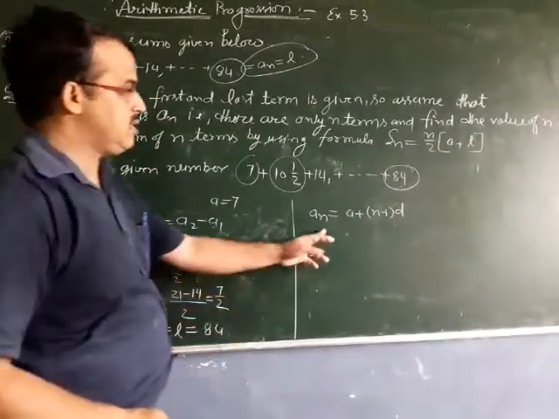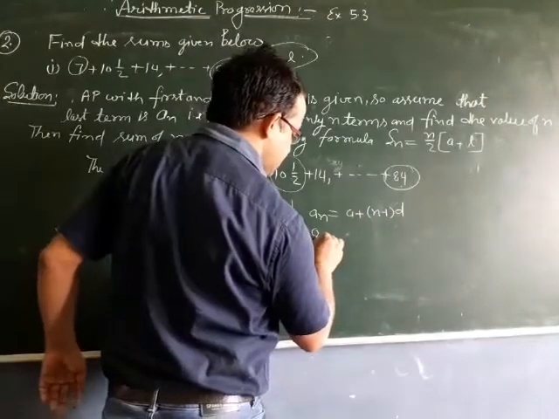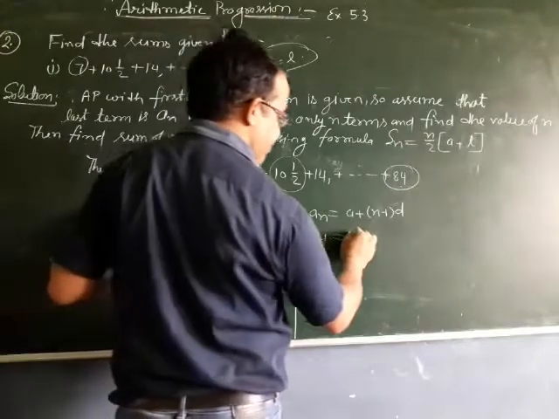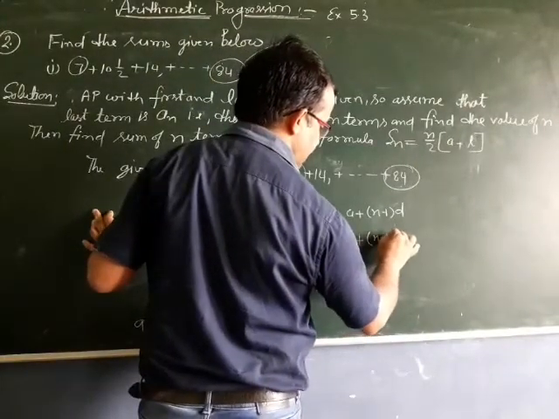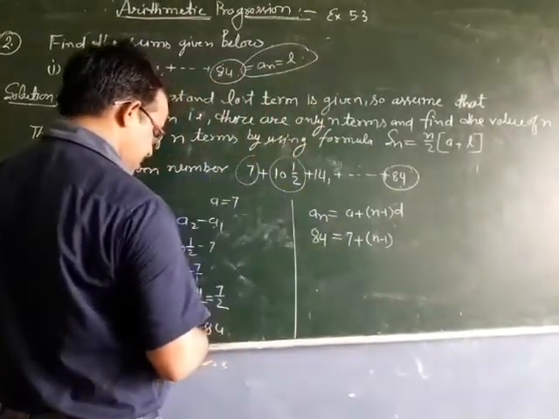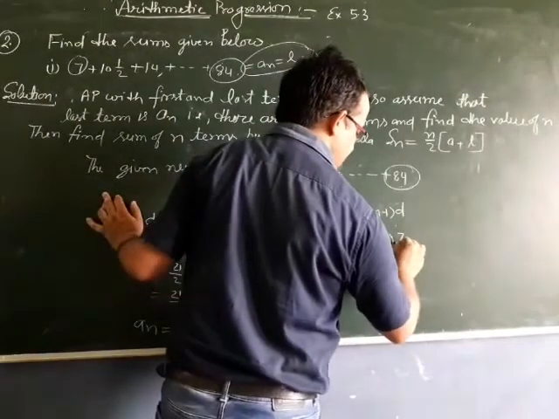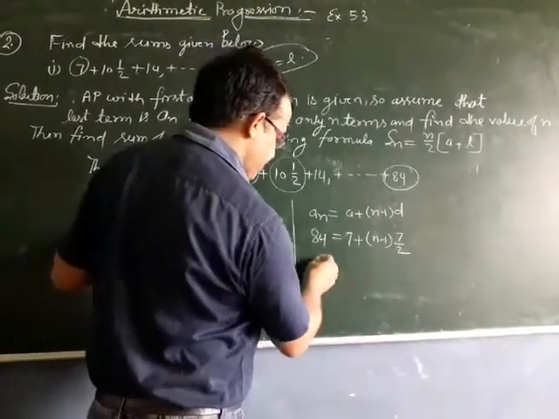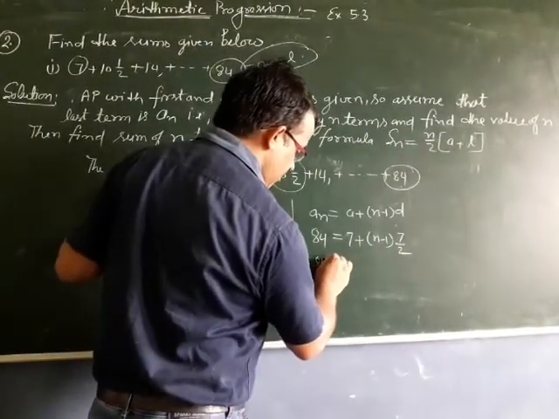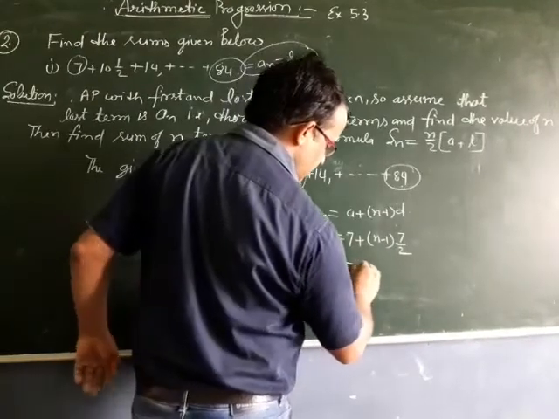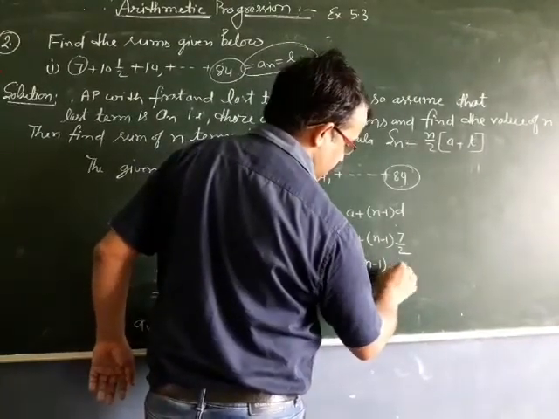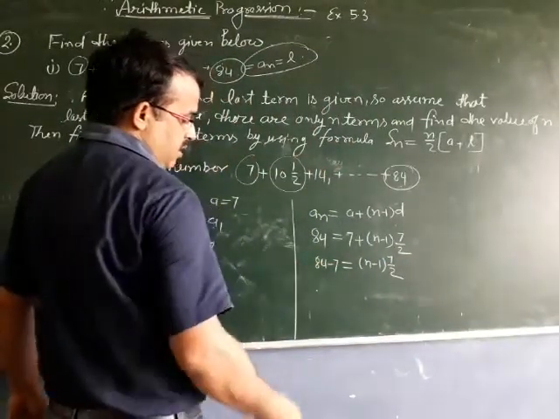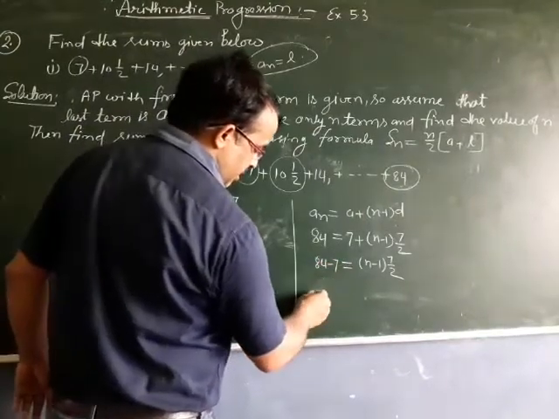So 84 is equal to 7 plus (n minus 1) into d, where d is 7 by 2. Now solve this: 84 minus 7 is equal to (n minus 1) into 7 by 2. When we subtract, what do we get here?